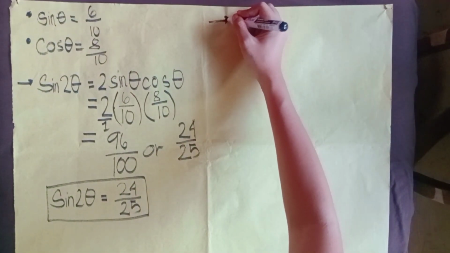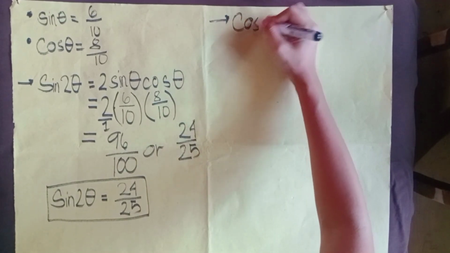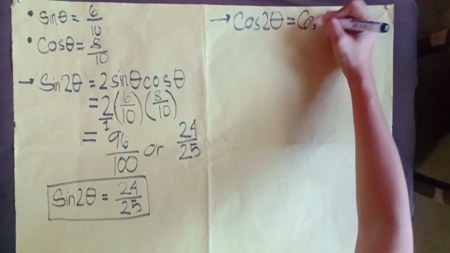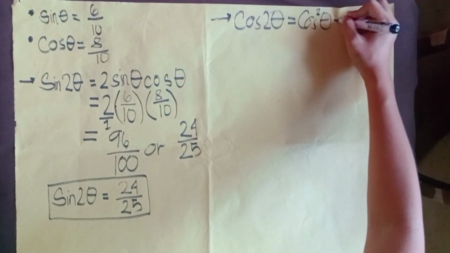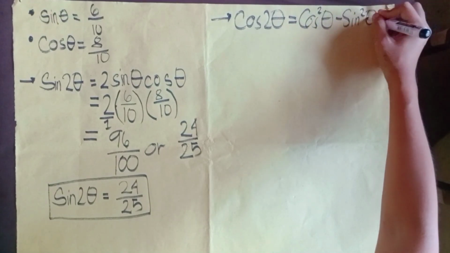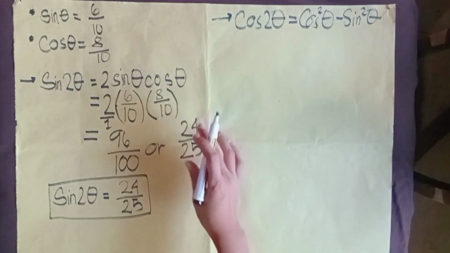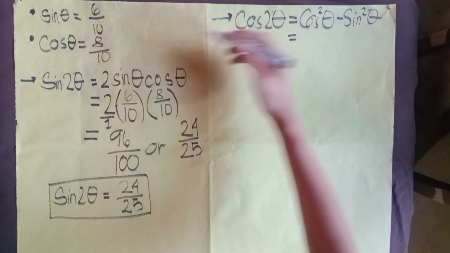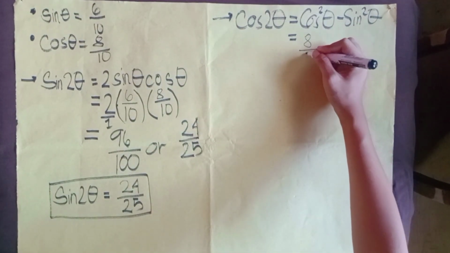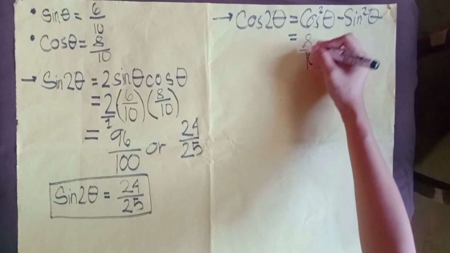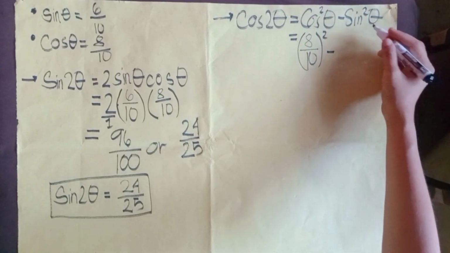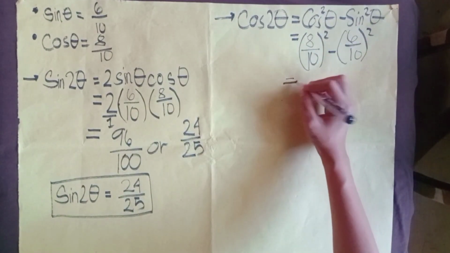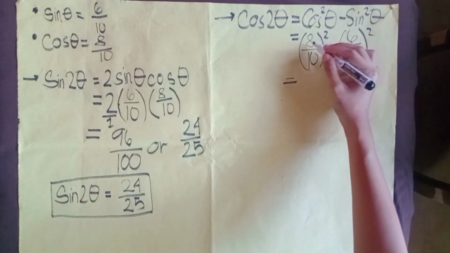Now let's find the value of cosine. So let's use the formula cosine 2 theta equals cos squared theta minus sine squared theta equals, cosine theta is 8/10 squared minus our sine is 6/10 squared equals 8 times 8 is 64.